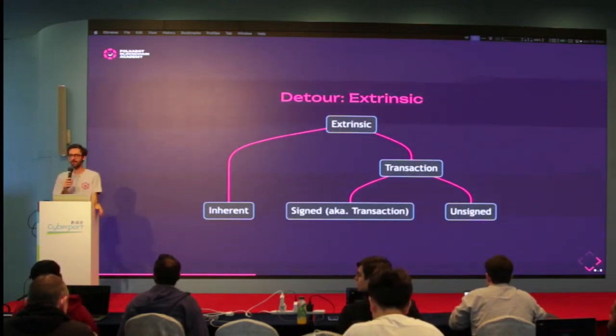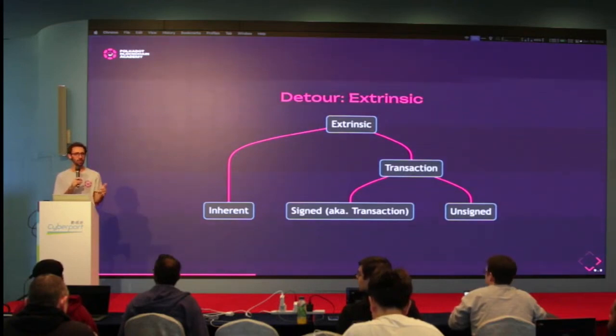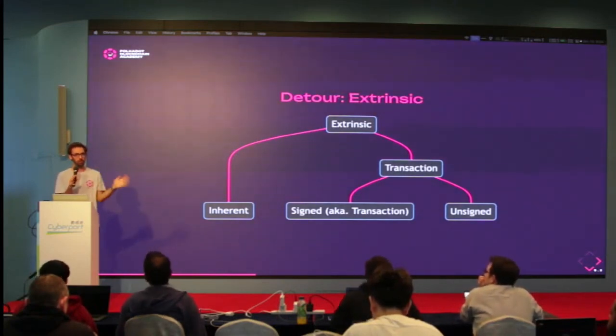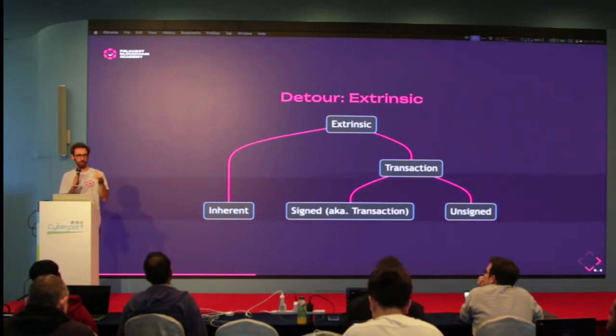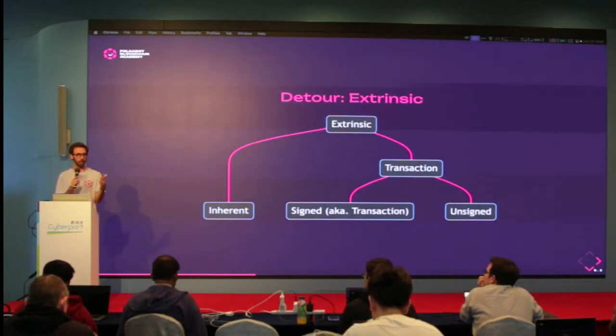Let me first say what he's saying. So sometimes you want transactions that are themselves unsigned, like the transaction in the outer form factor is unsigned, but within the data of the transaction, there is already a signature. And then you can actually verify that someone was behind this.